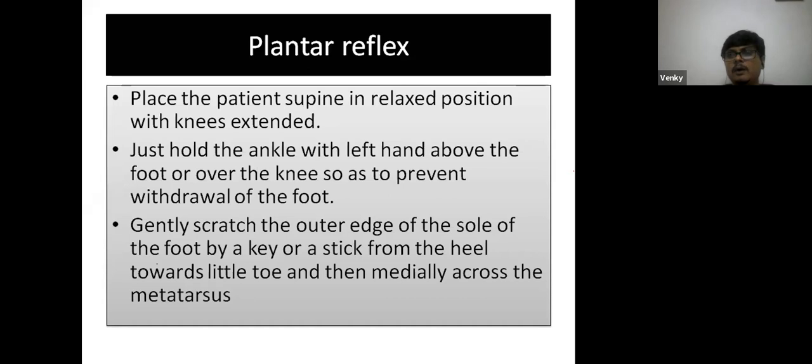Now scratch the outer edge of the sole with your key or stick from the heel towards the little toe, then medially across the metatarsus, and do not go beyond the second metatarsal. You have to stop before touching the big toe metatarsal, because if you do, you will get a false positive result. Okay.